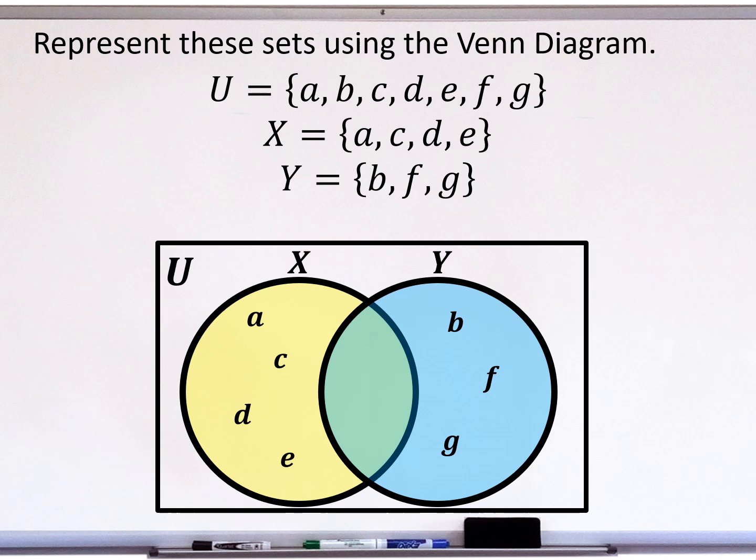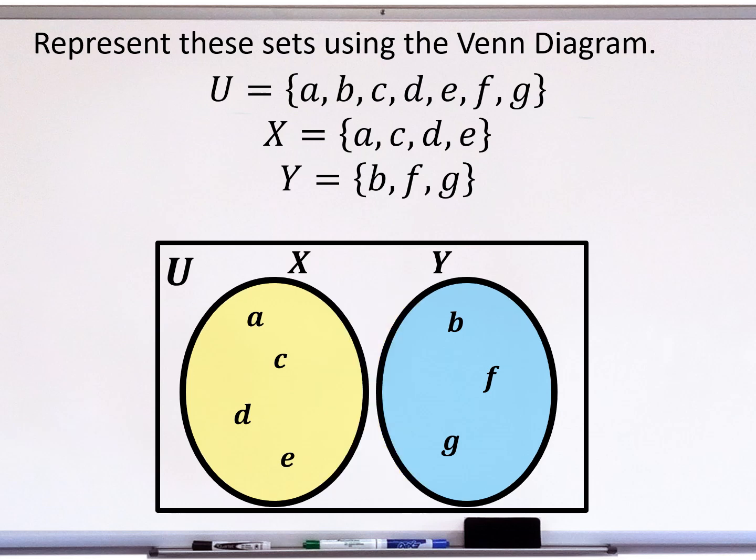And if they don't have any common elements between the two sets, therefore draw two separate circles wherein all the given elements are on each circle. So the given figure or circle or oblong must not be overlapping because they don't have any common elements. And since that is the case, if there are sets that have no common elements, we can therefore say that these two sets are known as disjoint sets.